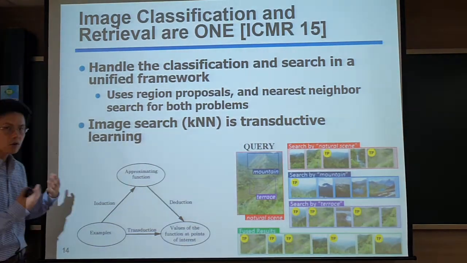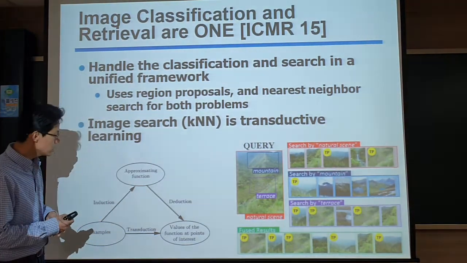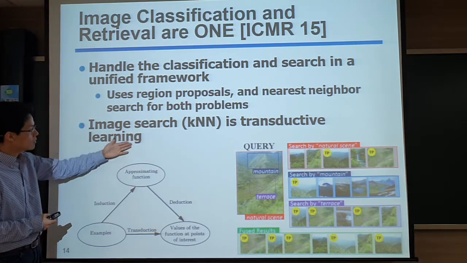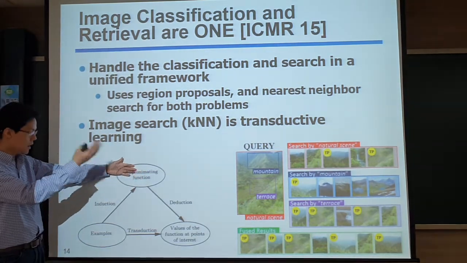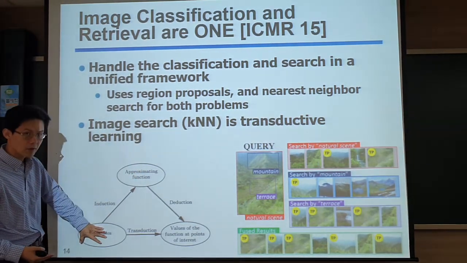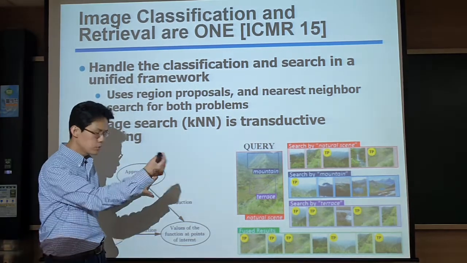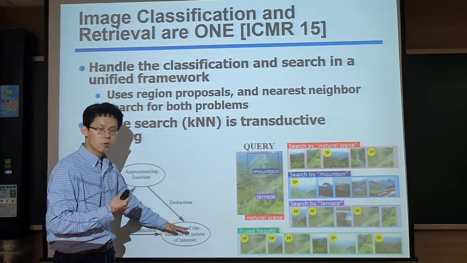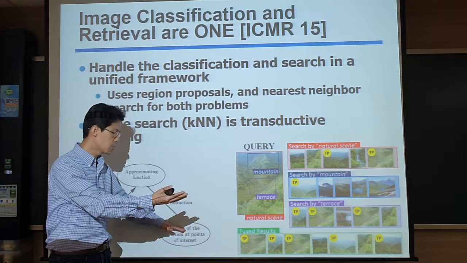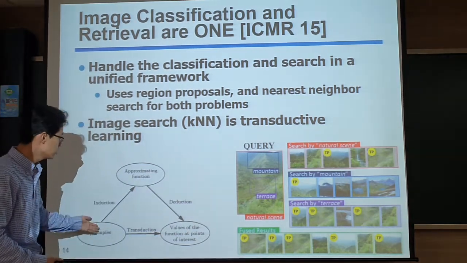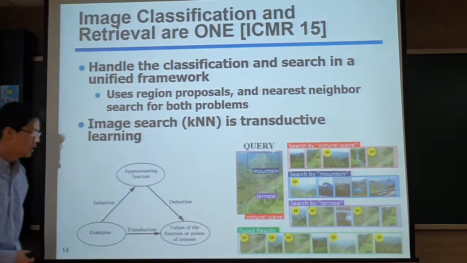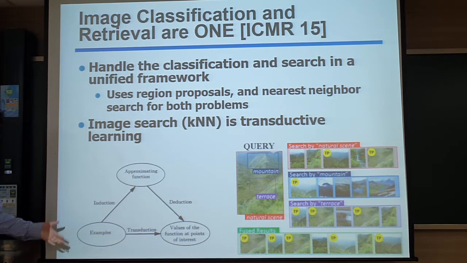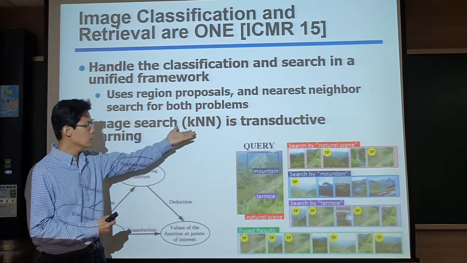For example, when we talked about deep learning, we wanted to approximate some function for classification or other tasks based on the training data, right? And then at test time, given the query, we can predict its label. So deep learning is training and this is testing, right? But transduction is kind of image search and also KNN.